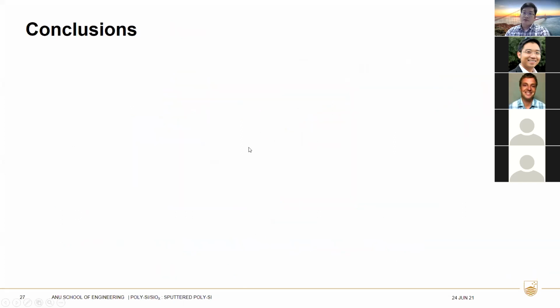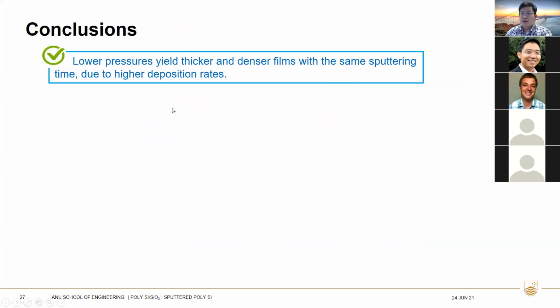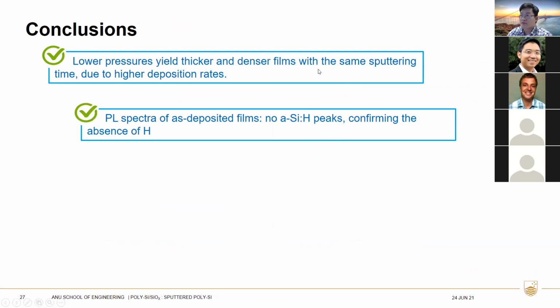Okay, so as conclusions, here we see that lower pressures give thicker and denser films with the same sputtering time, due to higher deposition rate. In the PL spectra of the sputter deposited film, there's no hydrogenated amorphous silicon PL peak, confirming the absence of hydrogen.